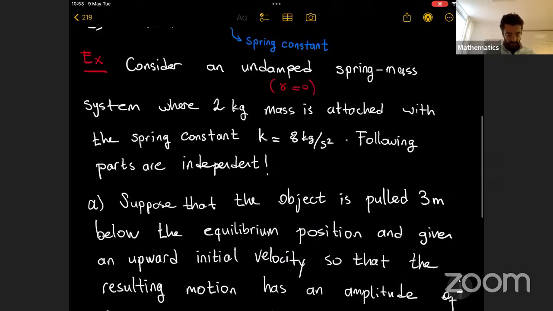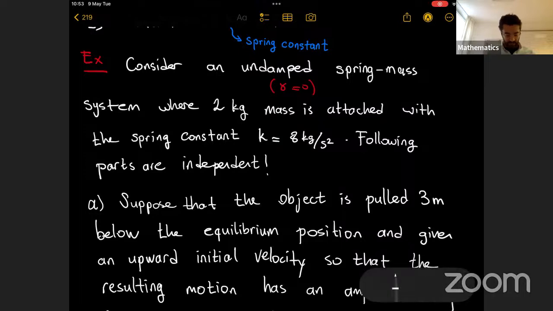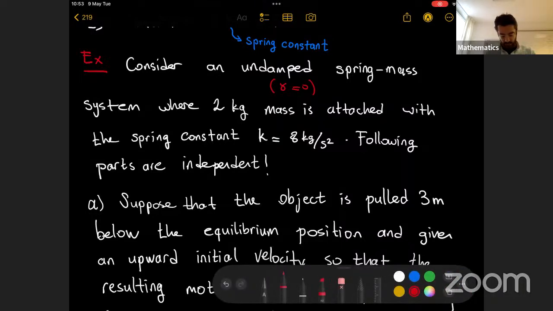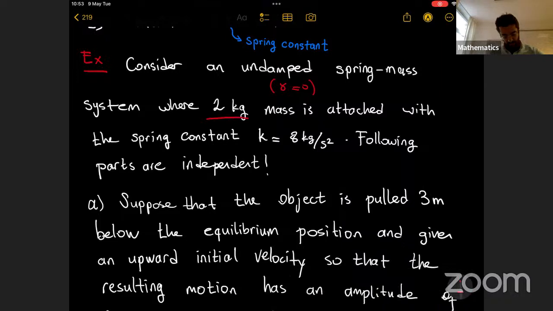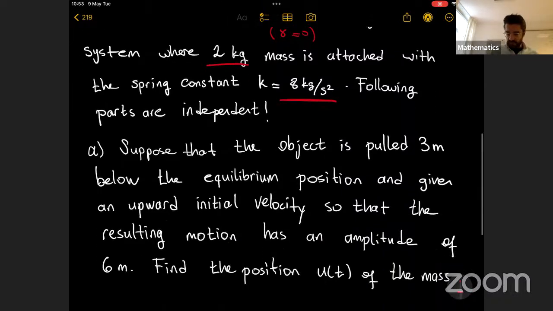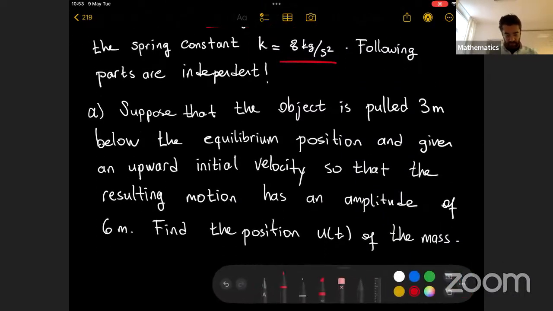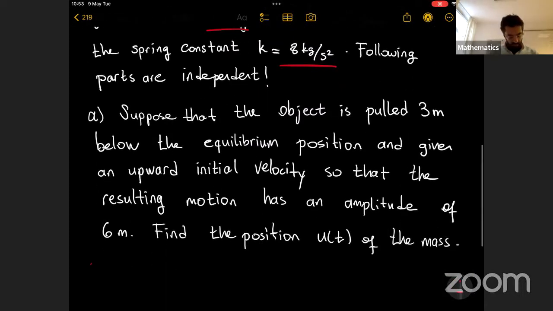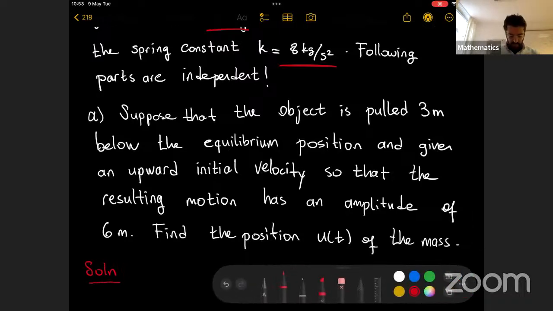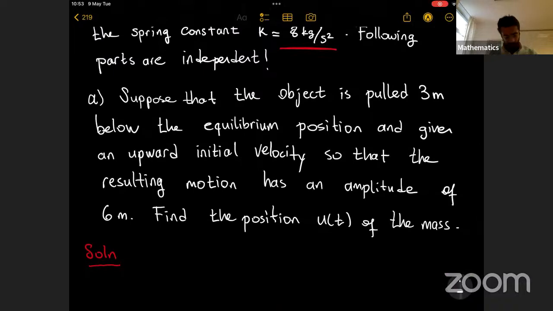And remember the spring mass system with a spring constant K equal to 8, and here we have 2 kilograms for the mass. So let's write down the equation for this system. We have M equal to 2, K equal to 8.